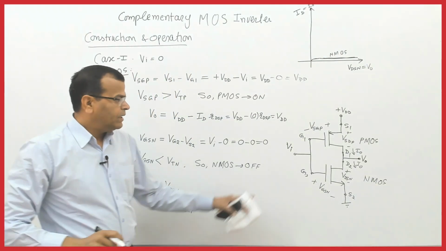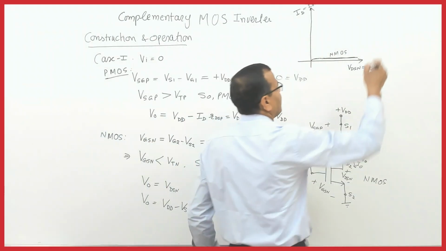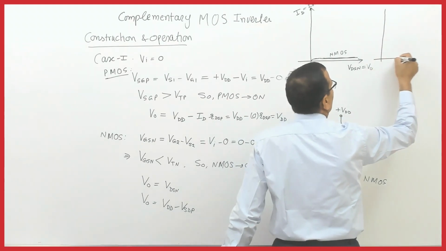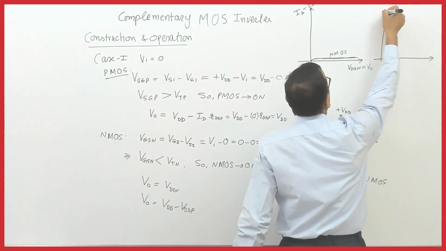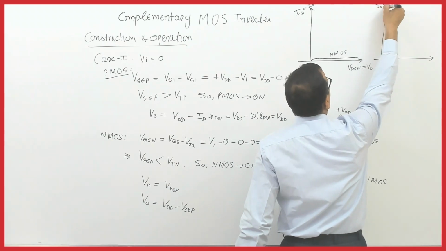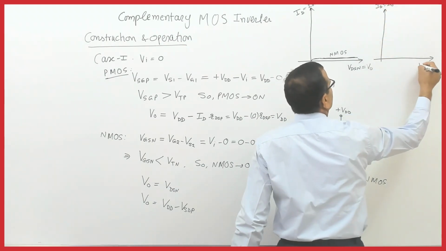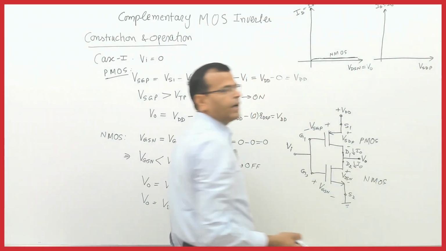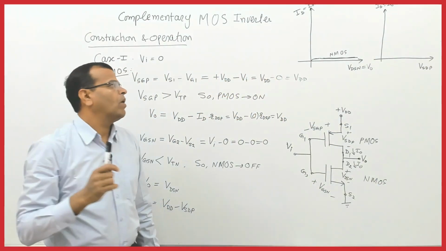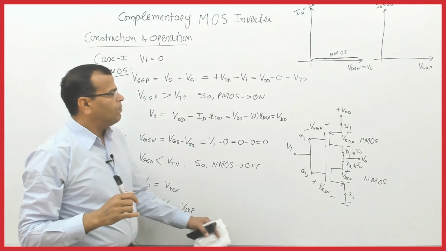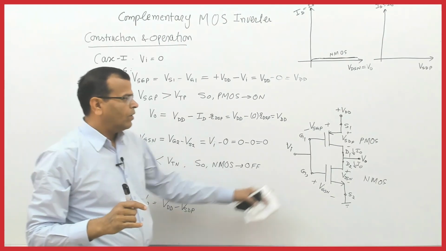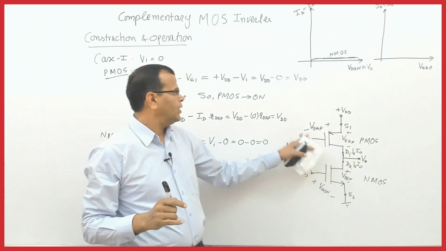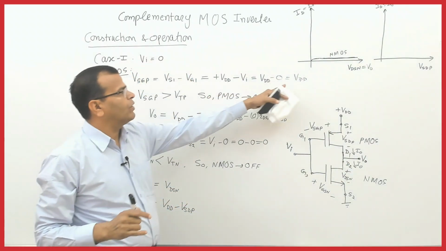Now let us see the characteristic of PMOS as well. If you see the characteristic of PMOS, this is the drain current, which is same as I0. This is VSDP. That is the characteristic for PMOS. In case of PMOS, this voltage drop is small, but gate to source VSGP is equal to VDD.